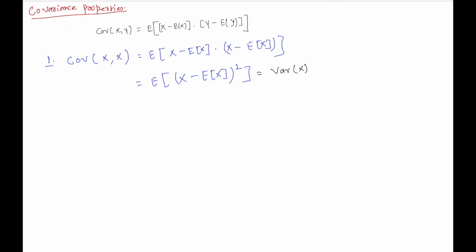We have seen one more alternative formula for this variance, which we have used many times in calculations. The alternative formula is obtained by expanding this, and let me write it down directly. The variance of x is the expected value of x squared minus the square of the expectation.